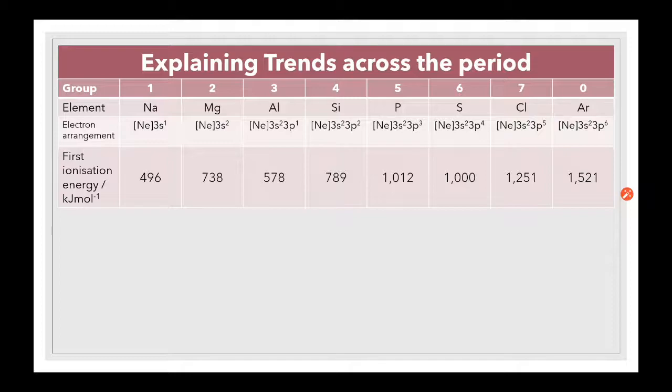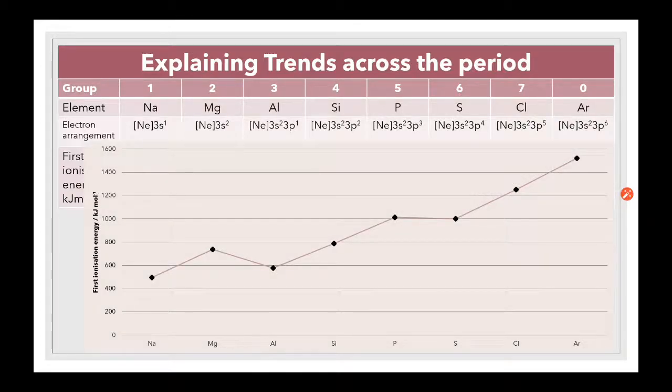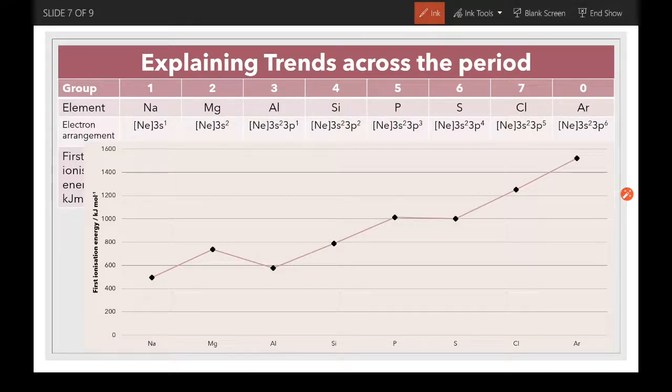Okay, so this is exactly the same as the last one, to be honest. It was just so I didn't have to delete all my annotations. Okay, so now we're going to explain them, and we're going to make reference up here to the electron arrangement. So, get my pen back. Right, so our general trend is increasing because we're increasing the nuclear charge, much like the atomic radii explanation, without real significant changes to the shielding.